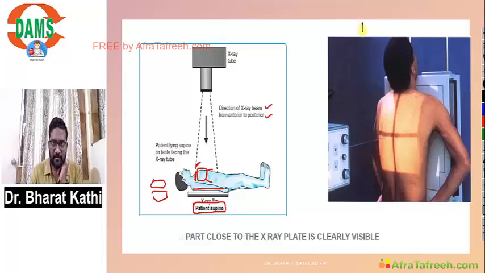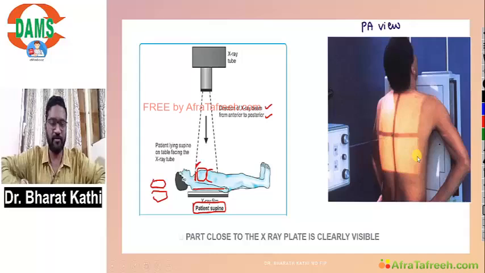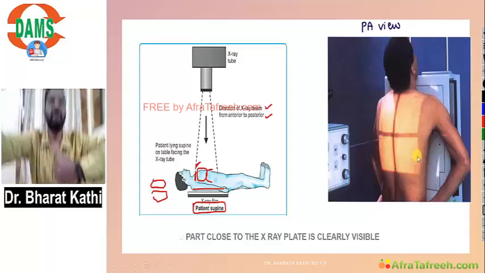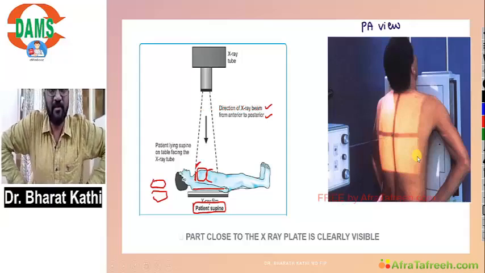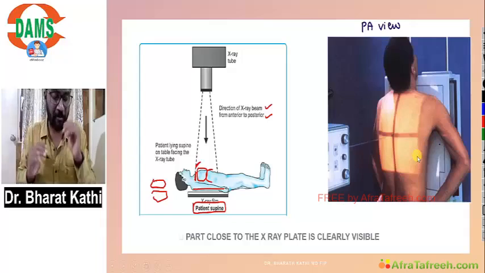Now, whereas PA view is generally taken like this, and usually the patient holds the cassette sometimes like this. So whenever he is holding like this, or keeping his hands like this, why is PA view taken? To make sure your lung parenchyma is very much visible.